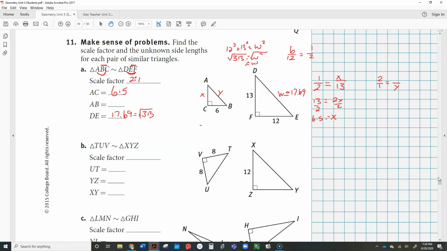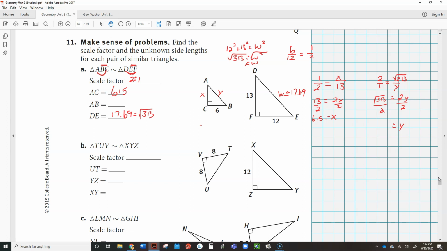Okay, so this one right here, while I'm working with it though, I'm going to go ahead and put the square root of 313 because I don't want to get a round off error. So I'm going to cross multiply, and I get the square root of 313 is equal to 2y, divide both sides by 2, and y is equal to, that is the exact value, the square root of 313 over 2.